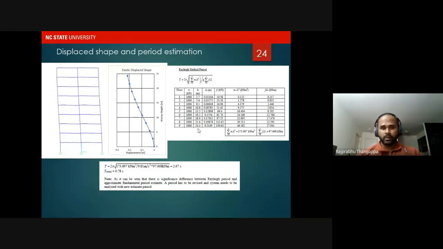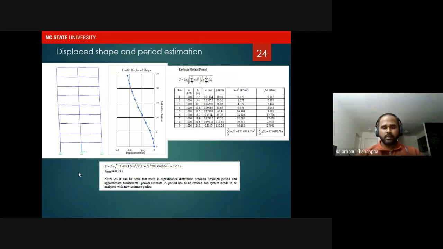And we have the respective heights, and we have these respective displacements as an output of the structural analysis, and we have these respective forces which we apply at the respective stories. And once we have all these values, we can estimate these numbers and arrive at the period. And you can see that the period is 2.67 seconds, which is much different from the 0.78 seconds.